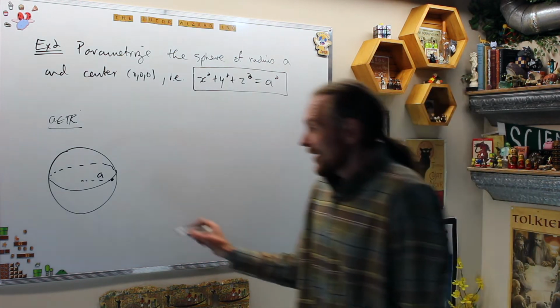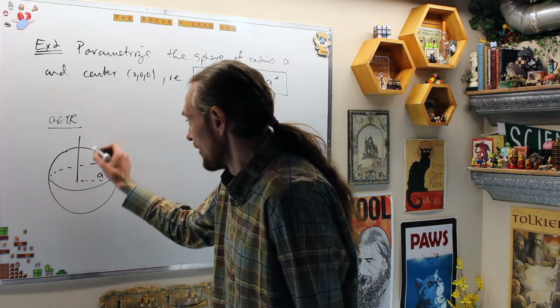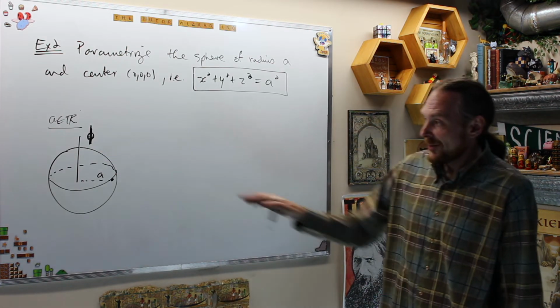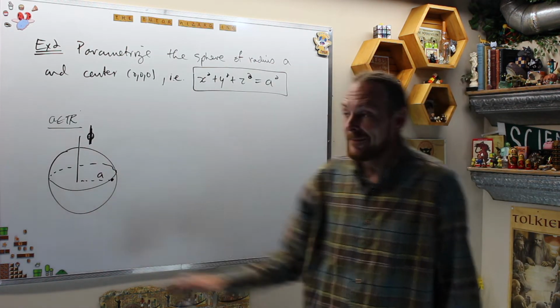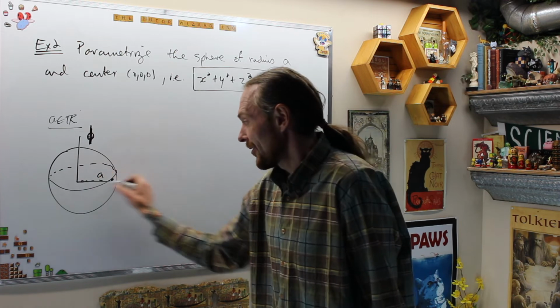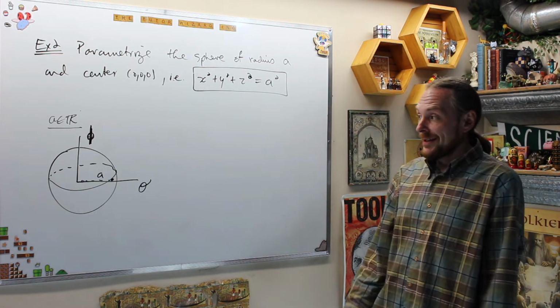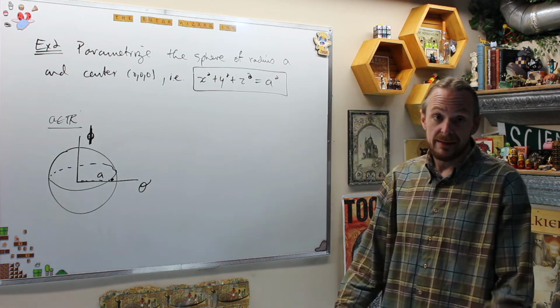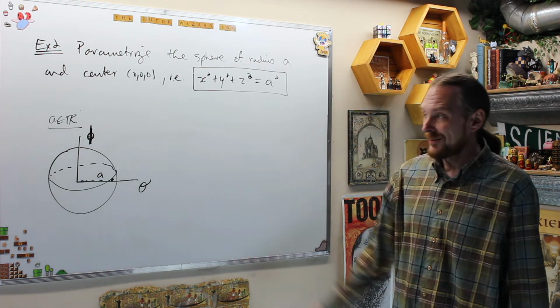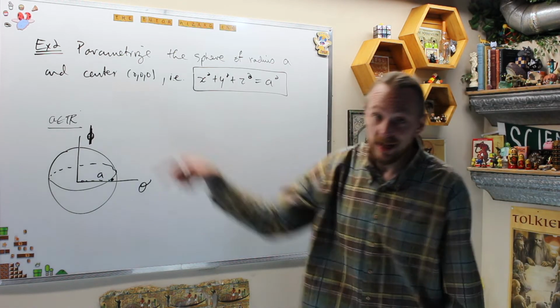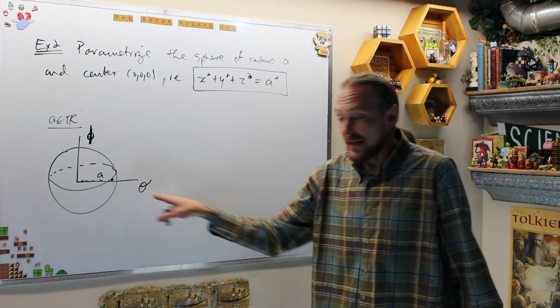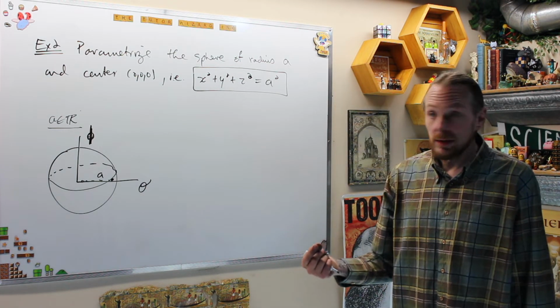And so if I could think about, say, an angle phi from 0 to pi, and then I could think about another angle, say theta, from 0 to 2 pi, I could probably use spherical coordinates to parameterize this sphere. And it's only going to be 2 variables now because a is a fixed number. Phi and theta change. A doesn't change anymore.